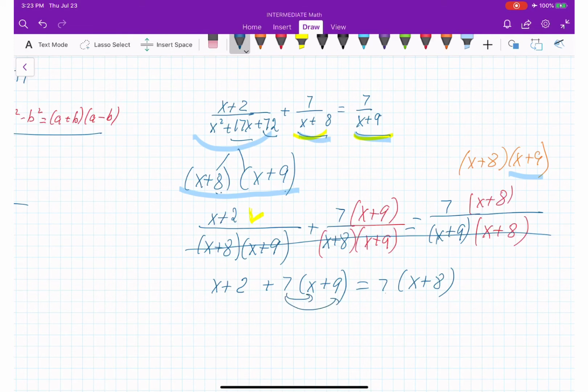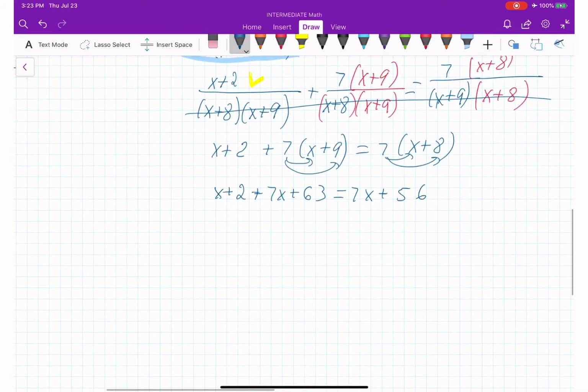Distributing, opening up the parentheses, we are going to get x plus 2 plus 7x plus 63 is equal to 7x plus 56. Okay. So from here, combining like terms, this 7x is going to be gone with this 7x, because once I move 7x, it's going to change the sign and will be 7x minus 7x.